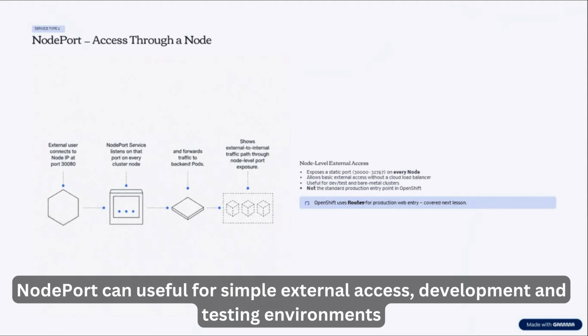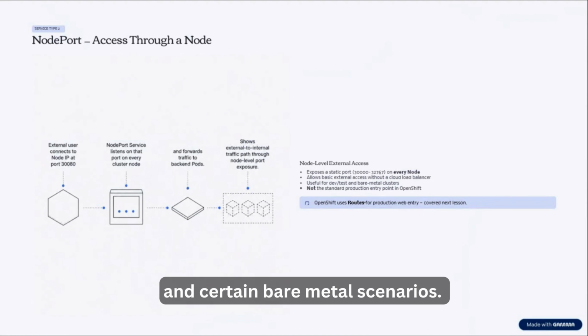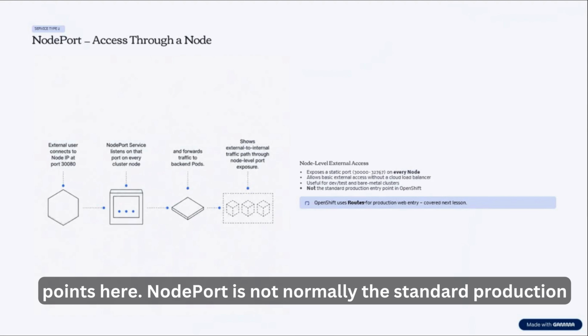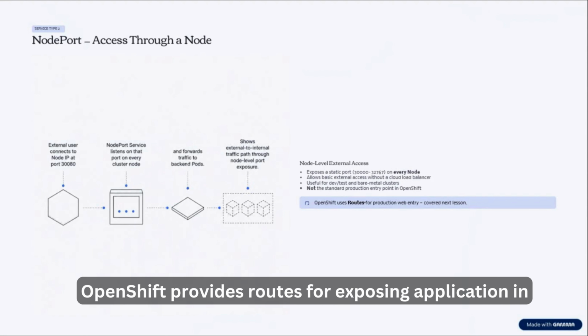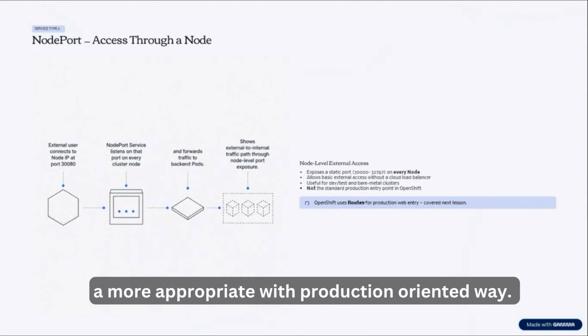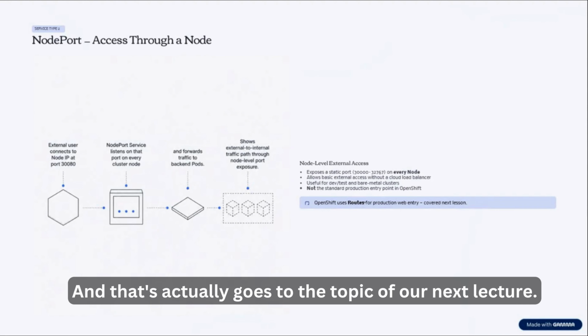NodePort can be useful for simple external access, development and testing environments, and certain bare metal scenarios. But there's an important OpenShift point here. NodePort is not normally the standard production entry point for web applications in OpenShift. OpenShift provides routes for exposing applications in a more appropriate, production-oriented way, and that actually goes to the topic of our next lecture.